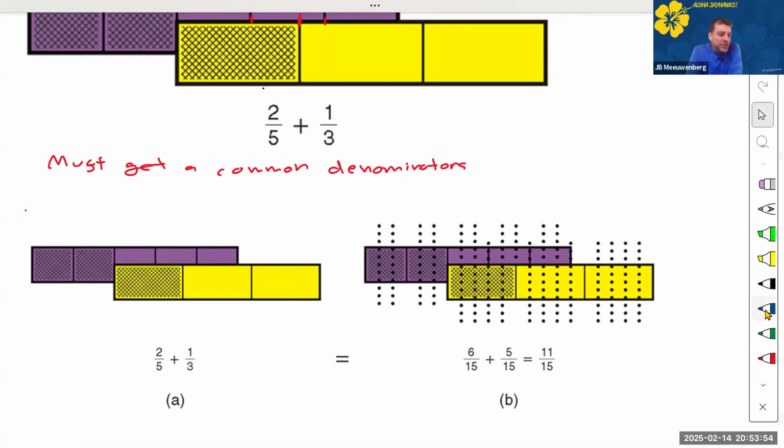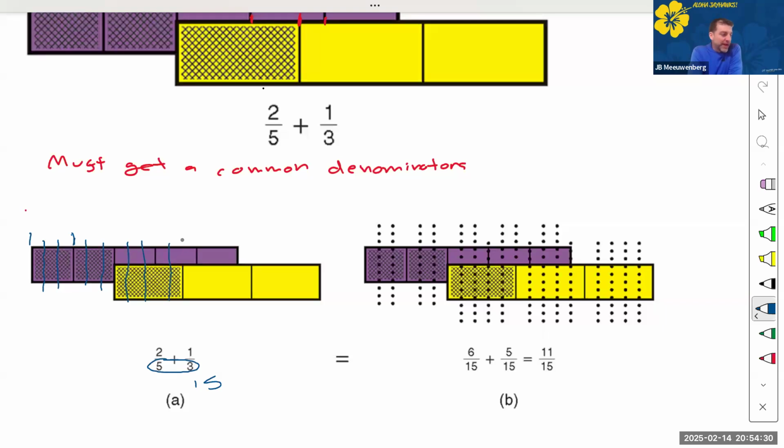And what we're doing here is looking at our denominators, and we see if we cut our figures into 15 pieces, 5 and 3 both have a least common multiple of 15. And so we're going to take each of the fifths on top and cut them into 3 pieces. So every one of the thirds will cut into 5 pieces.